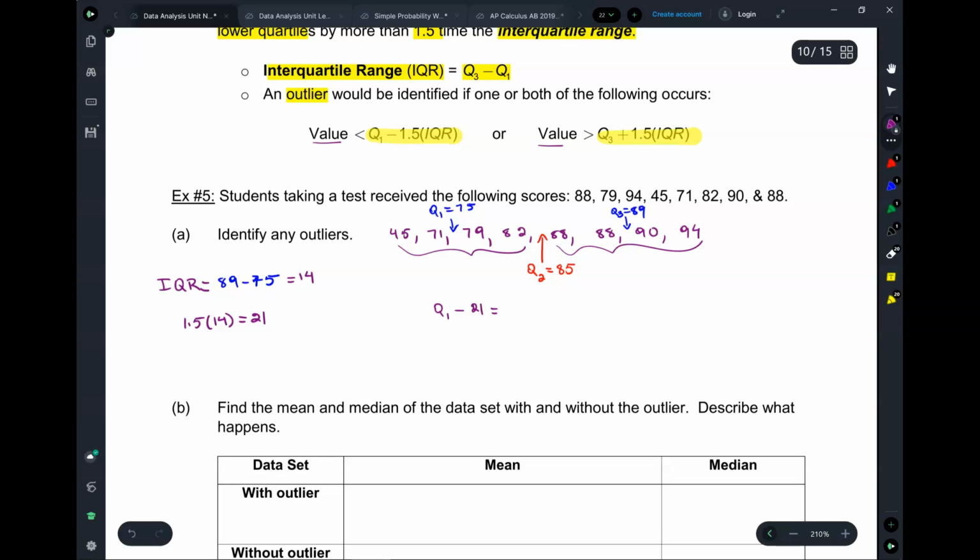Minus 21. This is 75 minus 21. How much is that? 54. Since 45 is less than 54, it's an outlier.